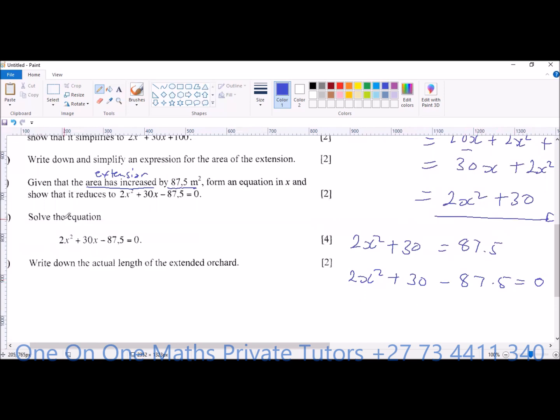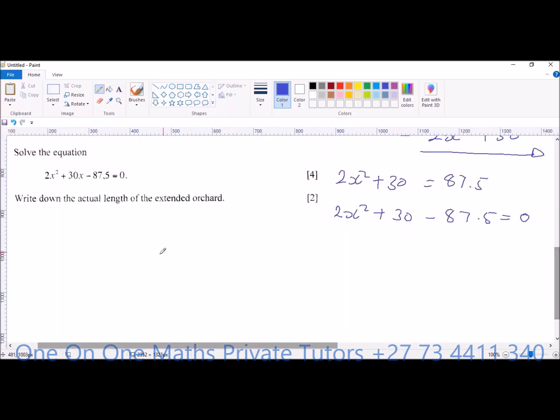All right, solve the equation. We use the quadratic equation. x is equal to minus b plus or minus the root of b squared minus 4ac over 2a. Trying to factorize here with a number with a decimal fraction might be difficult. They are testing you to use the quadratic equation. So what do we have? Our a is 2, which is the coefficient of x squared.